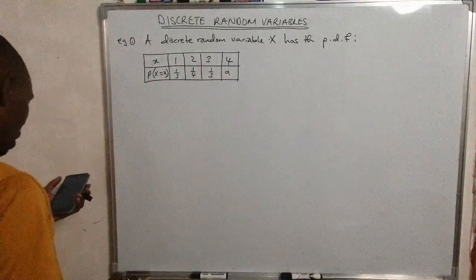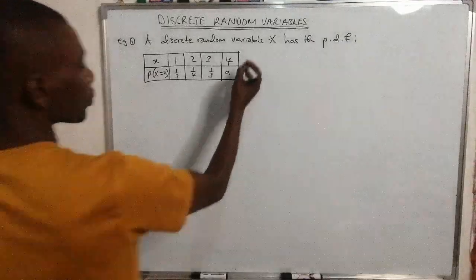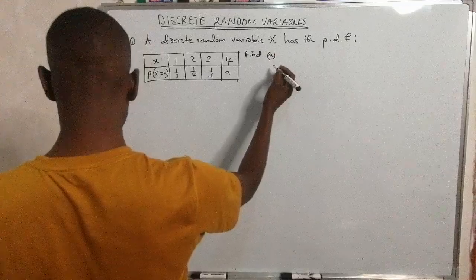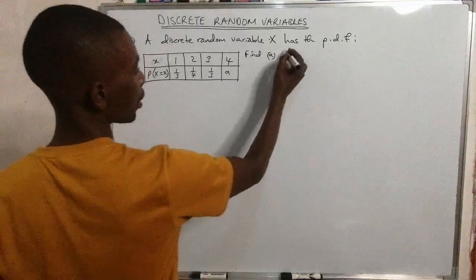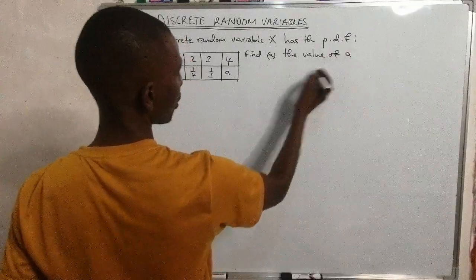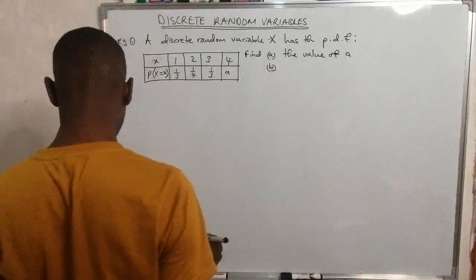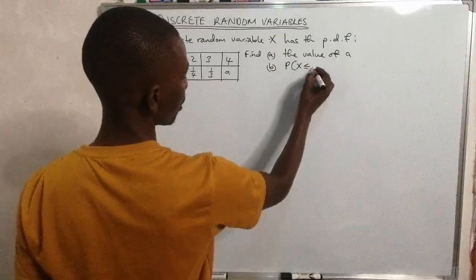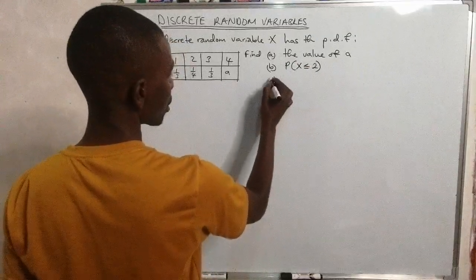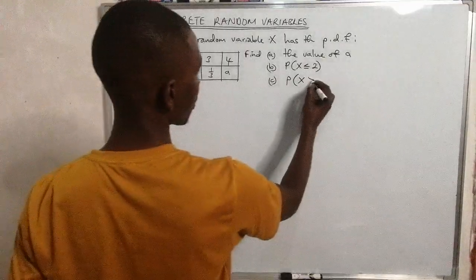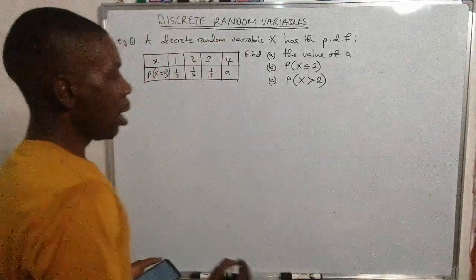Our question is saying find: a, the value of a; b, P(x is less than or equal to 2); c, the probability of x is greater than 2.